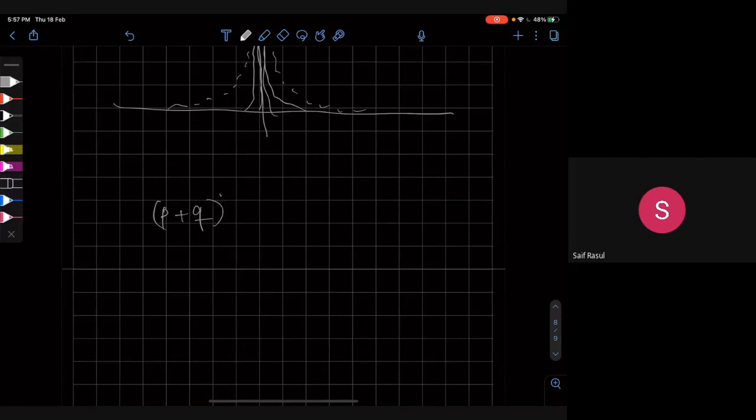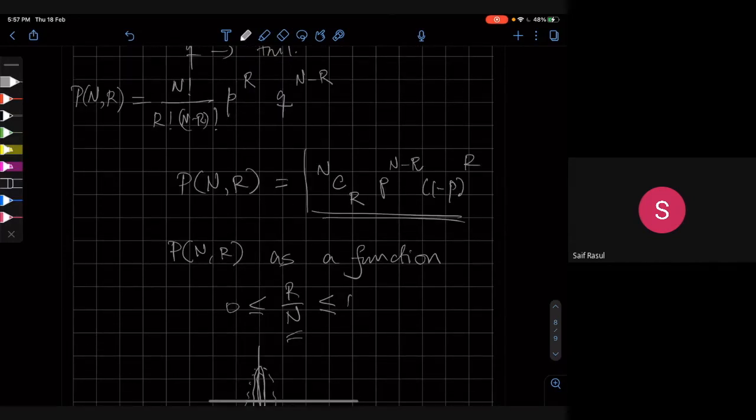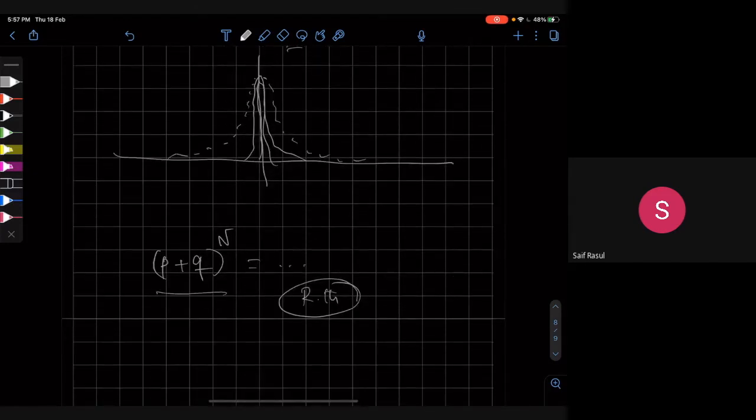If you take the rth term of this expansion, this coefficient is what you get. And what is this? This is just 1, because p plus q is 1. So what you have on the right-hand side is the sum of all the probabilities.